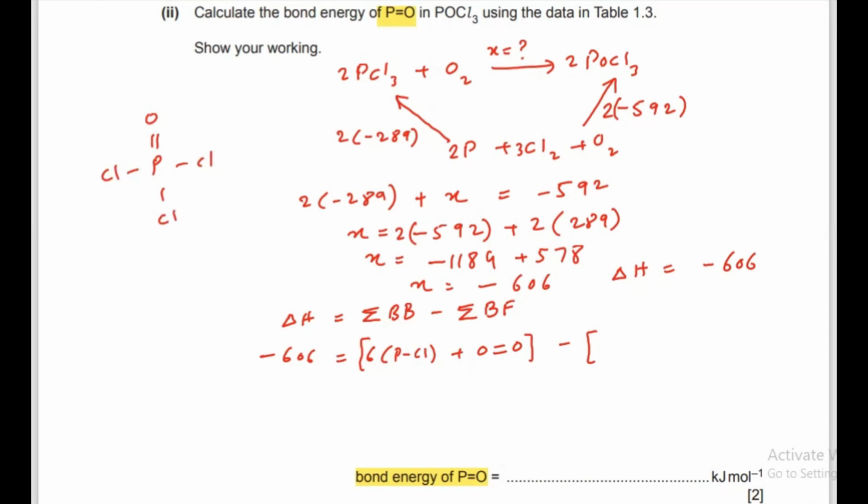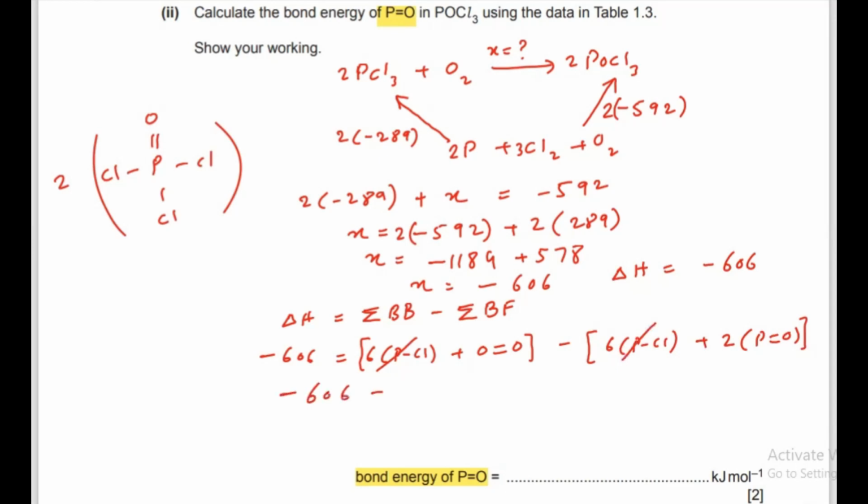Because 2 is here, we can say that there are 6 PCl bonds. So 6 PCl bonds and then 2 P double bond O bonds. As we can see, there are some common bonds. So 6 PCl, 6 PCl. Now we can cancel these bonds.